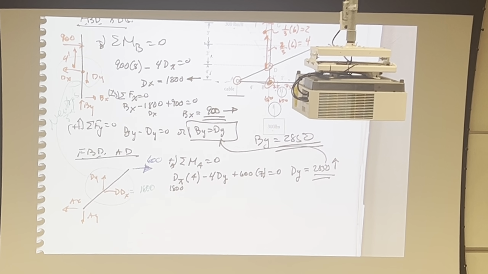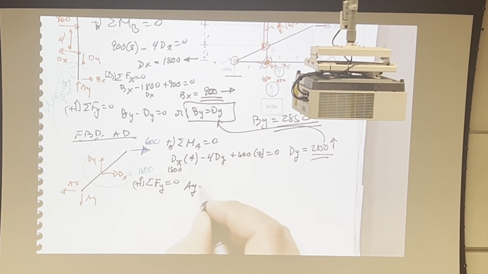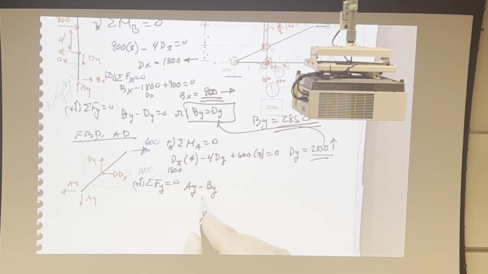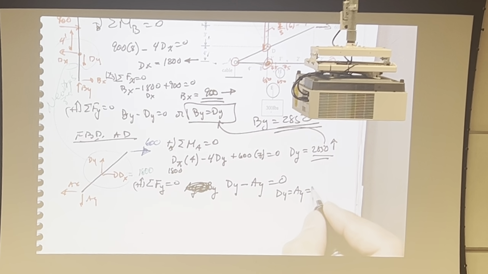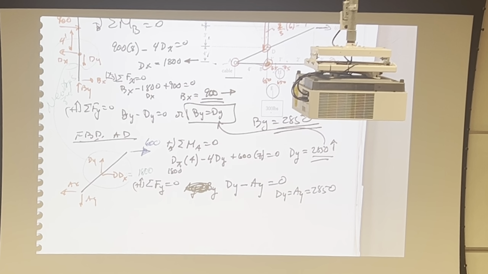Next, sum of forces in the y equals 0, positive upwards. dy minus ay equals 0, or dy equals ay, which means ay is 2850, and it is downward.